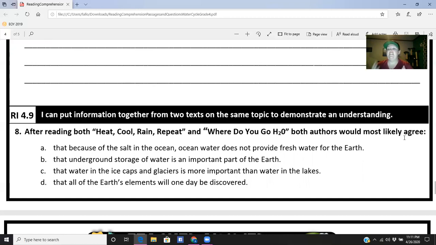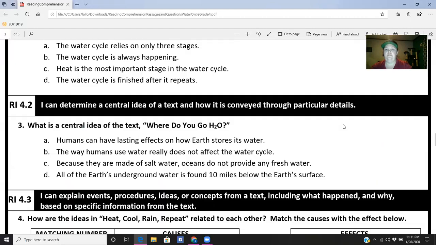There's got to be something in the text that helps us understand the author's point of view, figuring out what this author thinks versus what this author thinks, what they wouldn't agree on, and then what they would agree on. And we're looking for what they would agree on. So those are the questions.